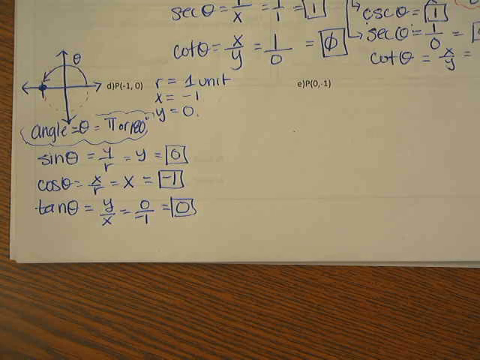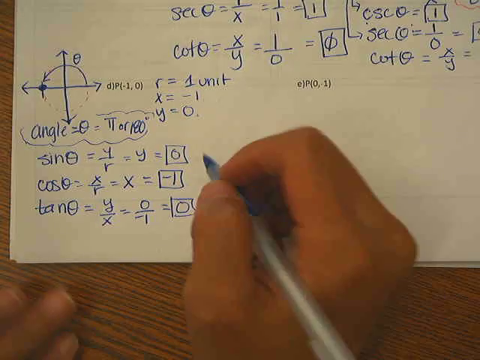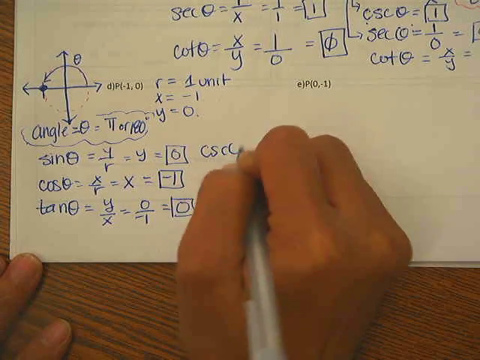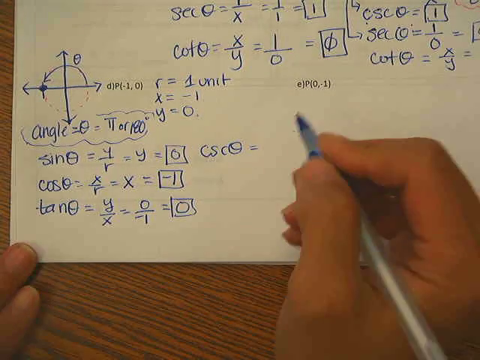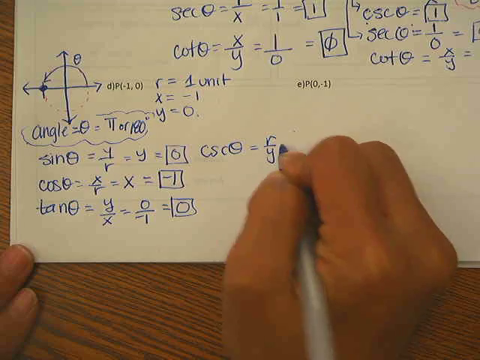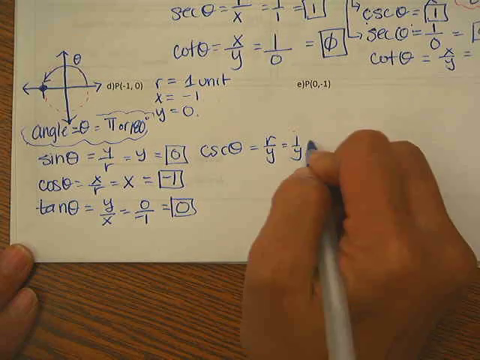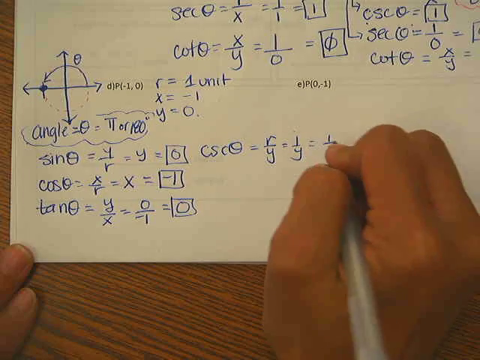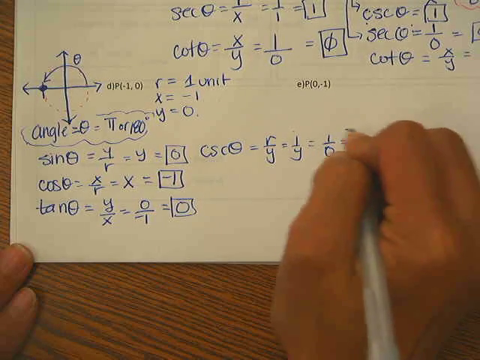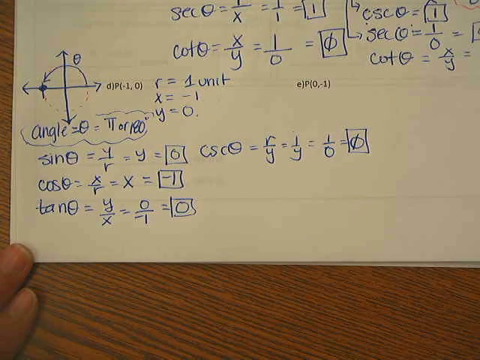So why don't you tell me what the reciprocal function of sine is? Did you say cosecant of theta? Yay! Okay. So that's going to be r over y, or really 1 over y. We know y is 0, or we can just flip this if you really wanted to. So 1 over 0, which is never okay with 0 being in the denominator.